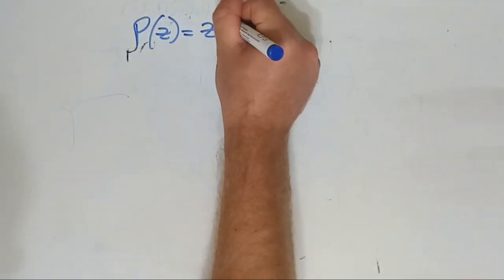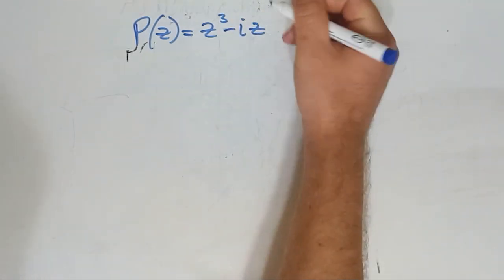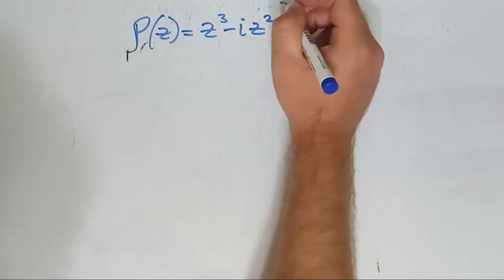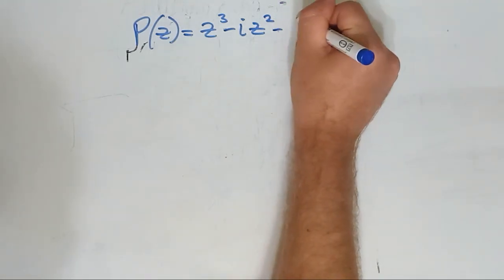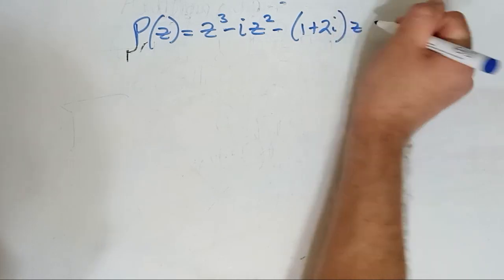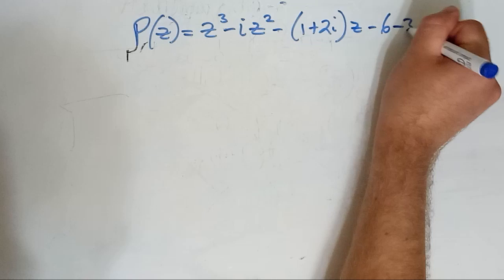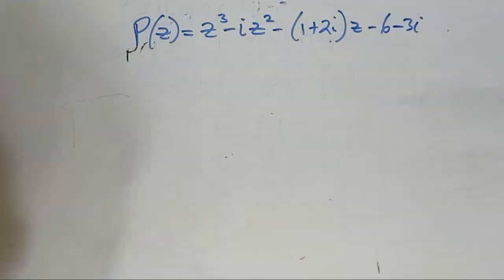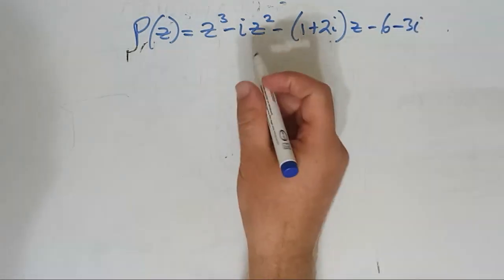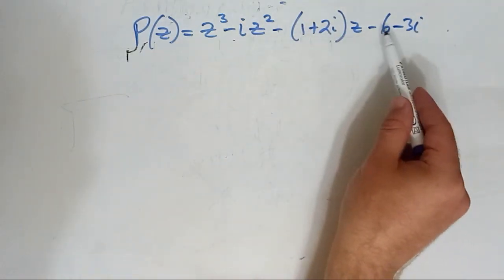If we had z cubed minus iz squared minus 1 plus 2i z minus 6 minus 3i. Okay, what do we have in this scenario? In this scenario, we don't have all real coefficients, yeah? We've got complex coefficients here.